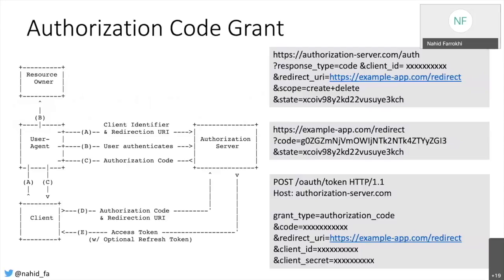The second call is a back channel, which is highly secure, and in this step there is an exchange of this code, which was received in the first step, for the access token. In the second step, the confidential clients need to send their secret, but public ones, as we said, don't keep the secret safe, so they won't send the secret, right?